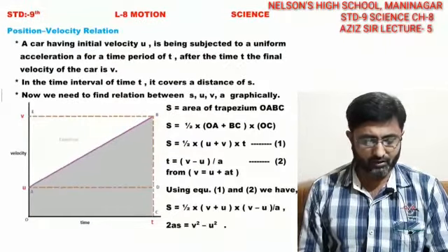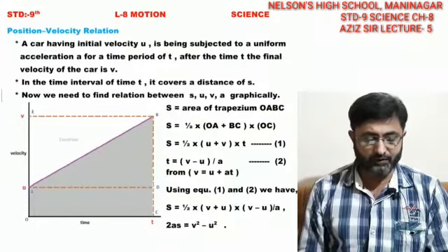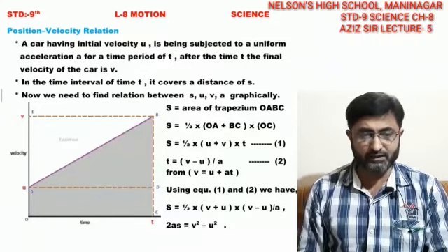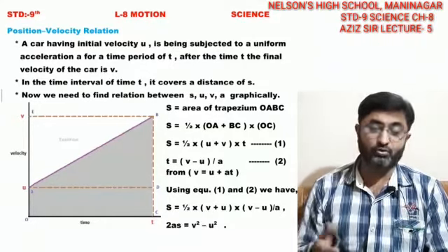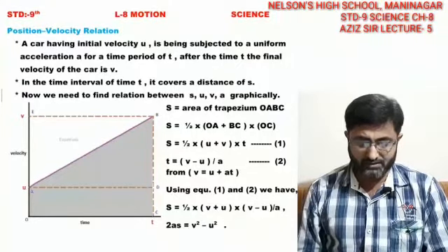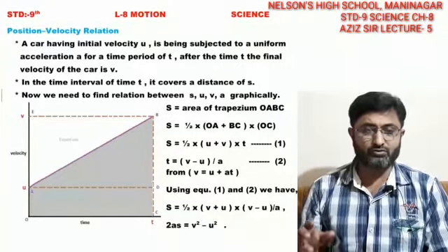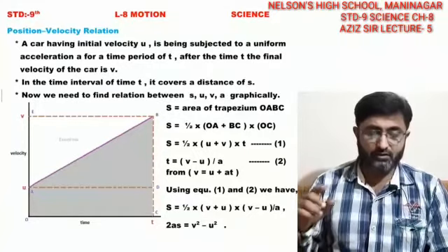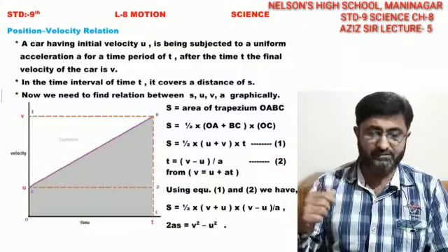The last part of deriving the equations, that is the third equation, is the position-velocity relation. Now, in the position-velocity relation, again we are going to take the area of the whole trapezium OABC. That will be equal to half of the sum of two parallel lines. OA and BC are the parallel lines.